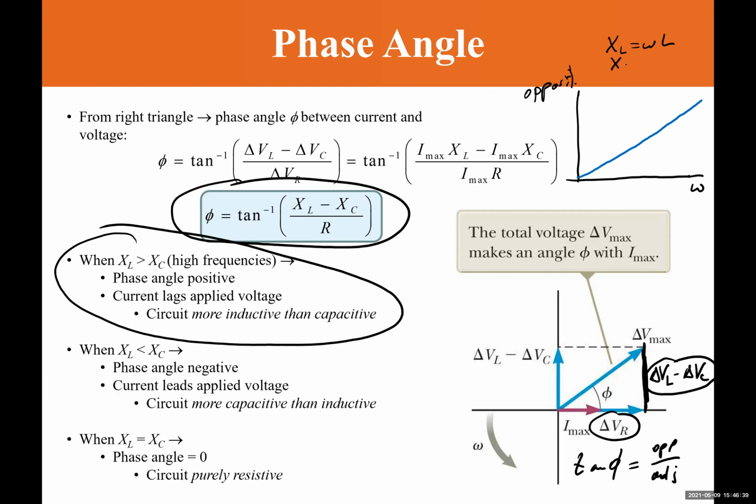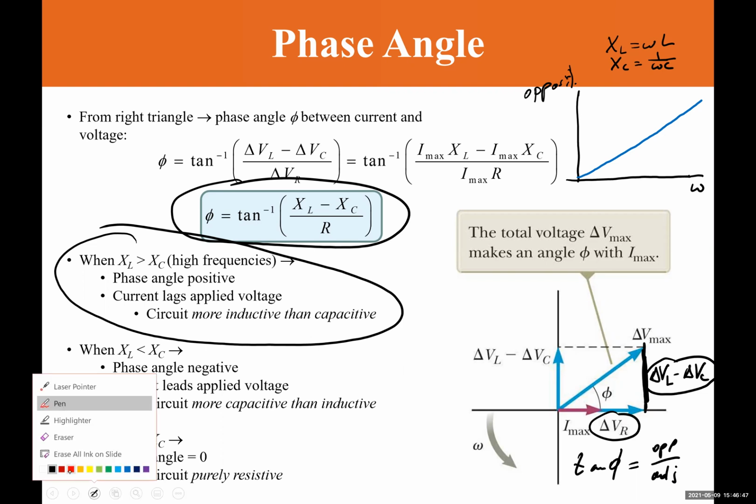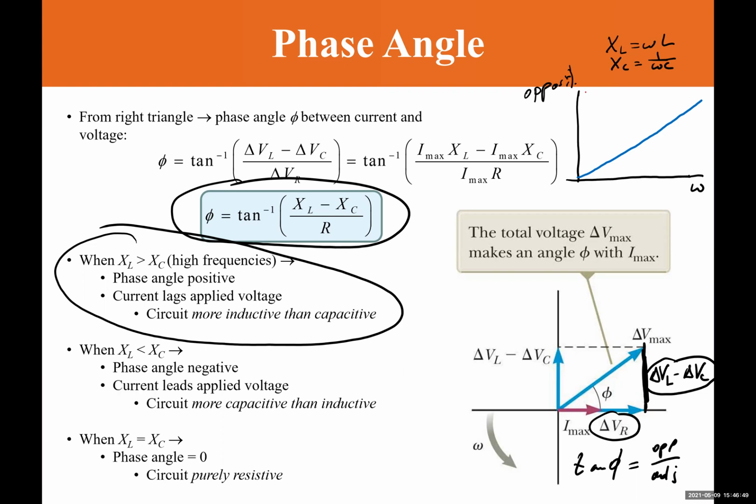X sub C is equal to 1 over omega C, which means that capacitive reactance is higher at the lower frequencies. Let's use the red for that. So this is X sub C. And that means at the lower frequencies, X sub C is larger than X sub L, which is the blue line over here, right?